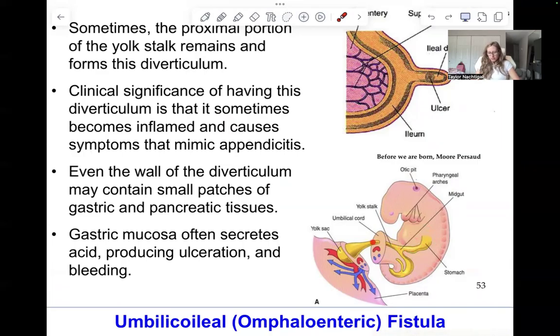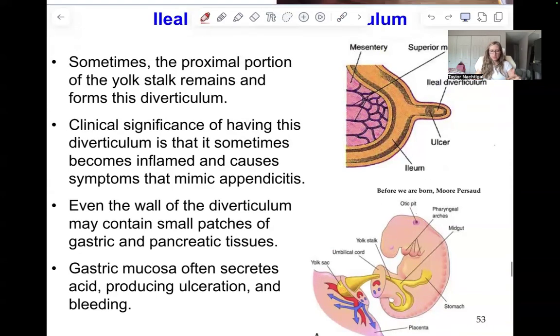But we do see this umbilical vesicle, the yolk stalk or yolk sac. This eventually shrivels down into nothing. So ideally, as the alimentary canal develops, everything from here on disappears, and you get this perfect closed loop. But that doesn't always happen, and you end up with this little remnant here.